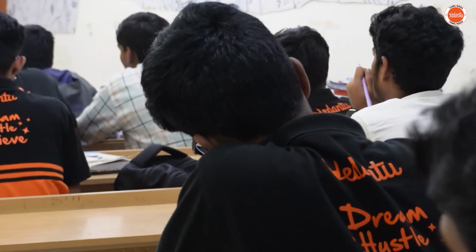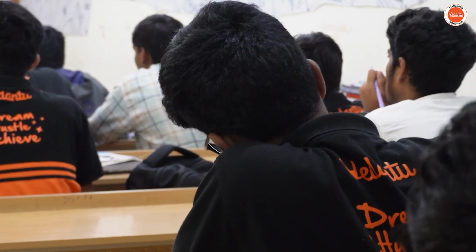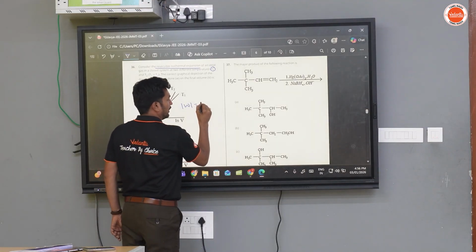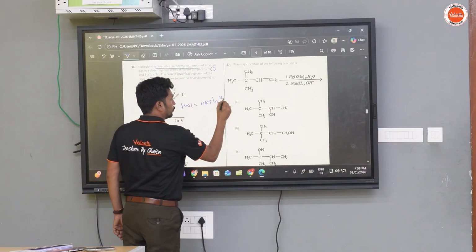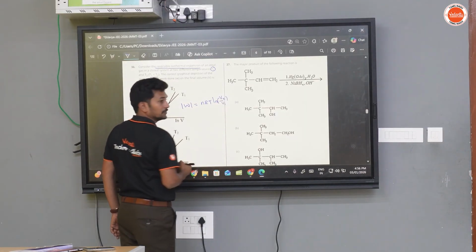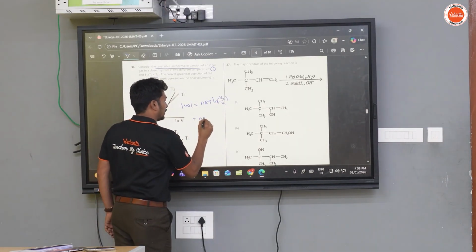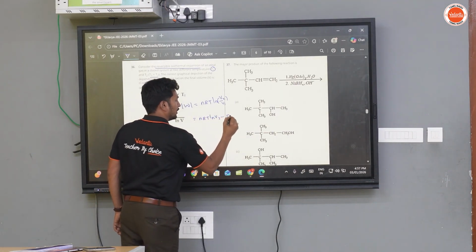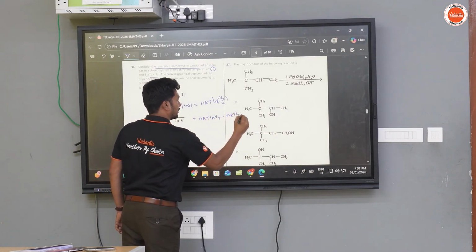So what is the formula we know? Magnitude of work done is equal to nRT ln V2 by V1. So we will be having nRT ln V2 minus nRT ln V1.